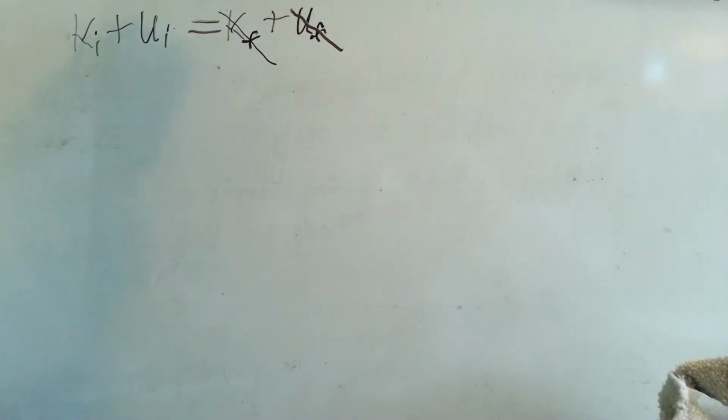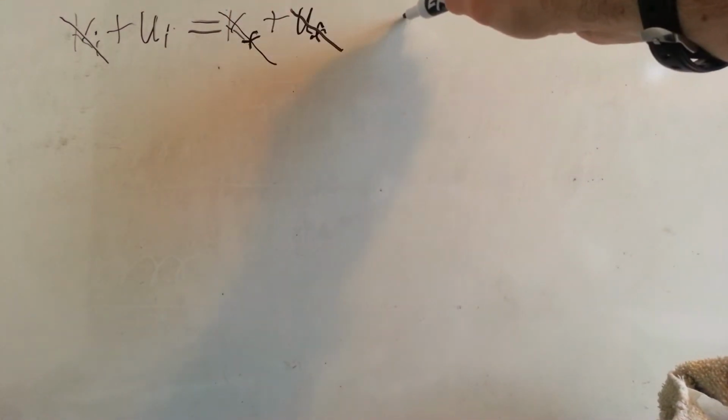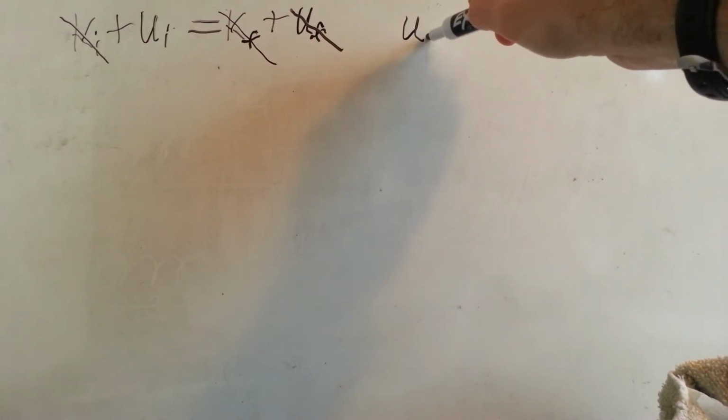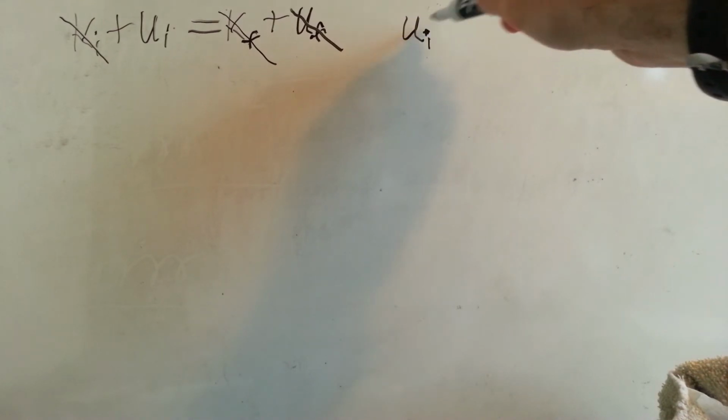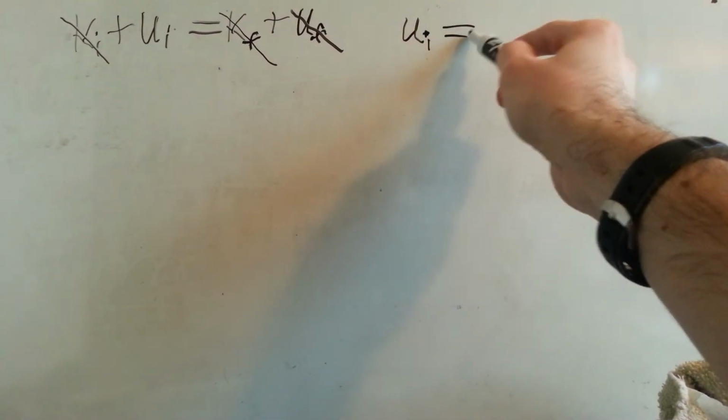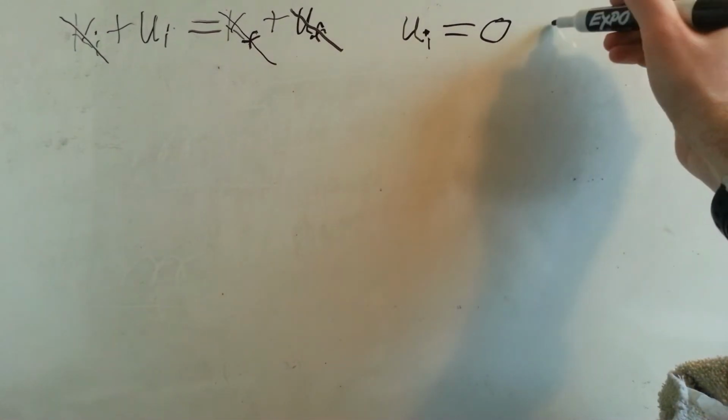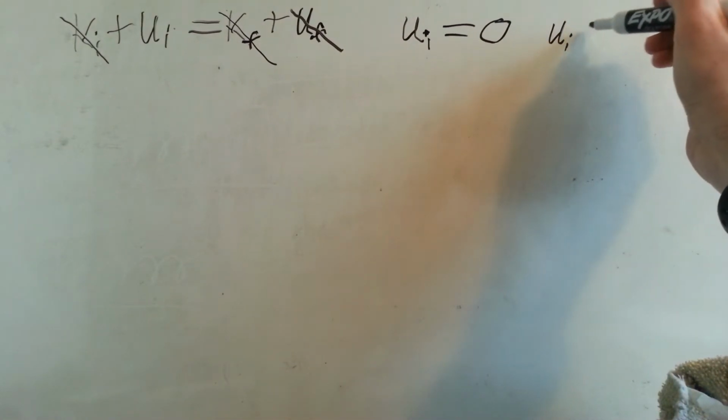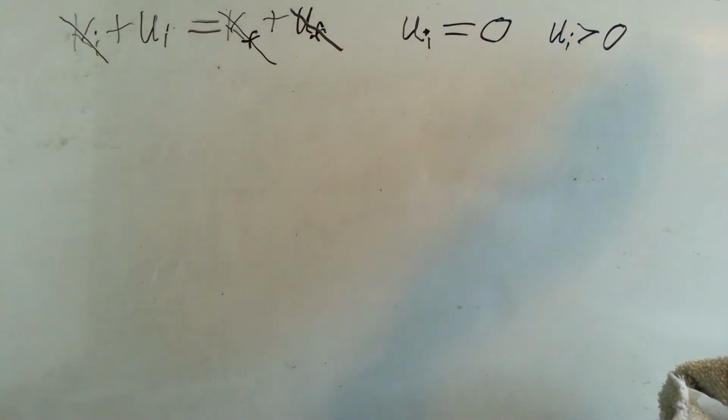At the beginning, what do we have? Well, we have all the potential energy stored in the spring. This is nothing. Well, we can't really have U sub I equal to 0 because we know U sub I is actually something. It's greater than 0. There's some potential energy stored in the spring.